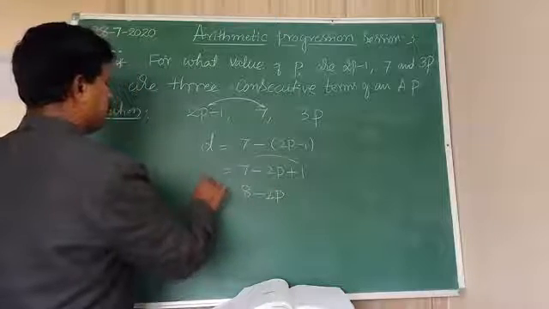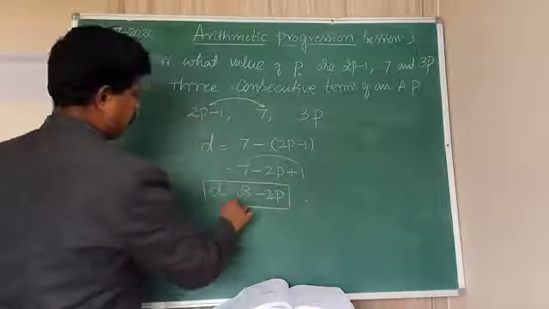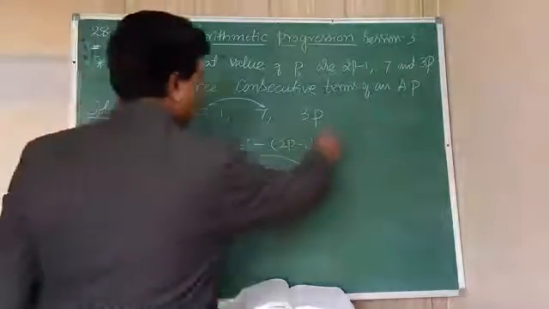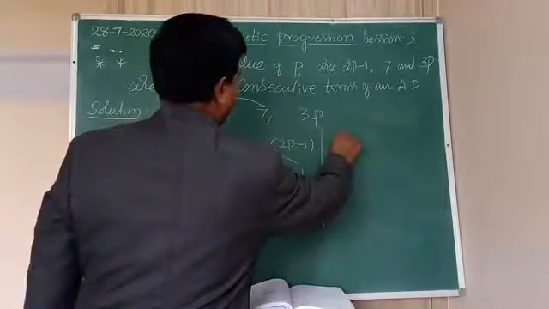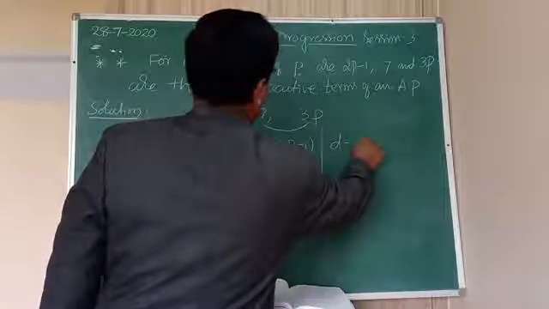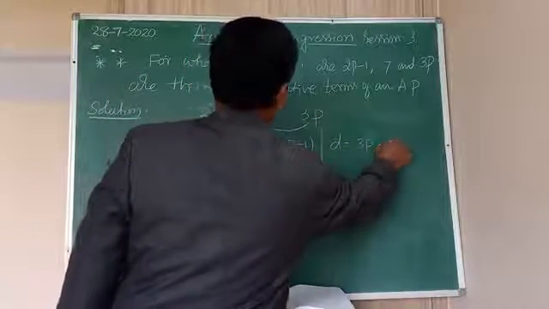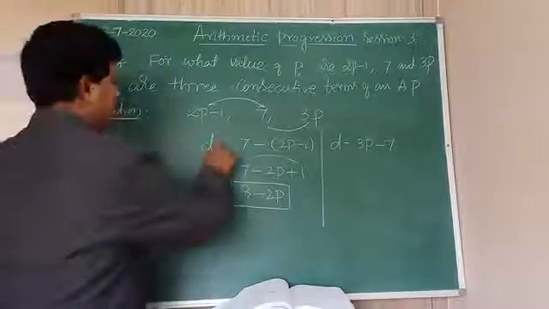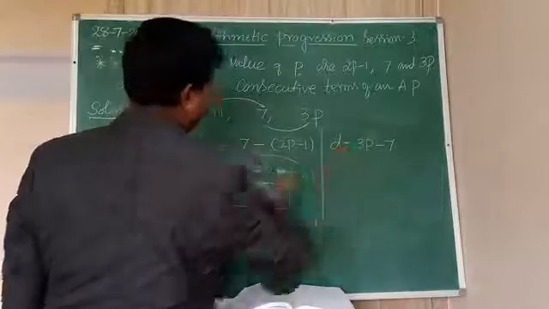This is the first common difference. The first two terms' common difference is this. Next, the second common difference, that means the difference between these two, that is equal to 3p minus 7. So this is the second common difference. Say this is d1 and d2.